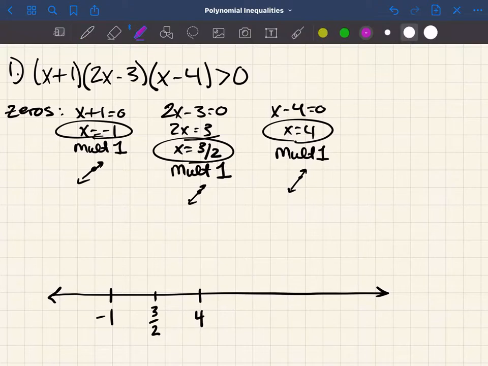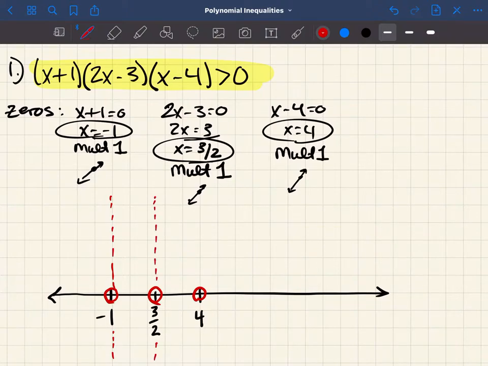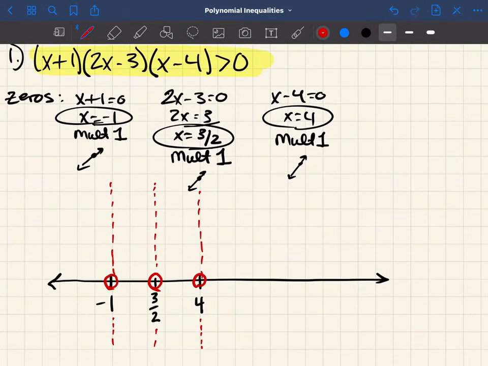Now, because our inequality is greater than 0, we want to have open circles at each of our zeros. And these are the different sections we're going to be testing. All right. So we have section A, B, C, and D.